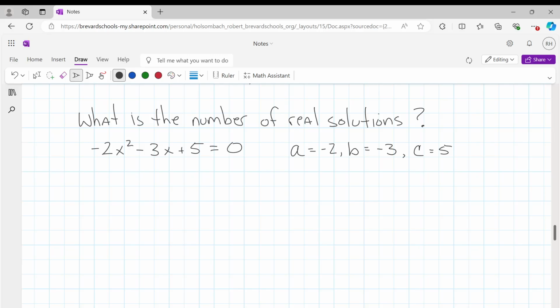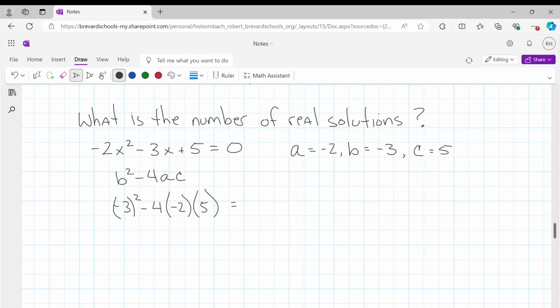So you're going to evaluate B squared minus 4AC. So B squared minus 4AC is the discriminant. So take those values and substitute. Negative 3 squared minus 4 times A, which is negative 2, times C, which is 5.